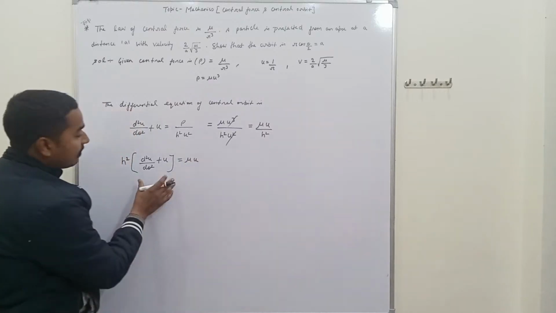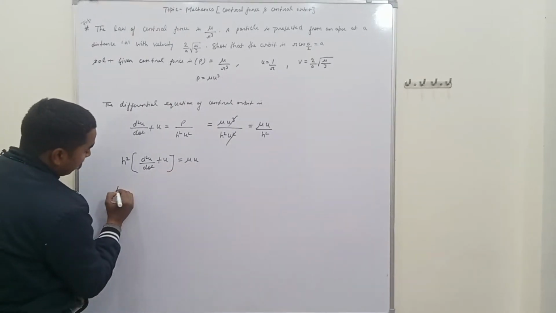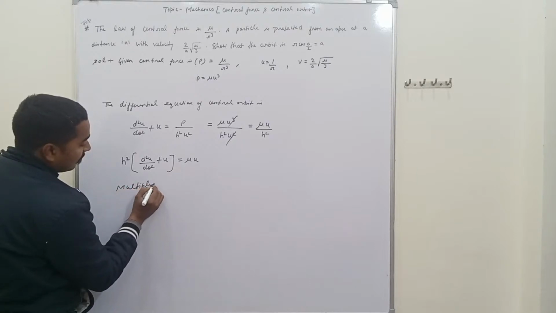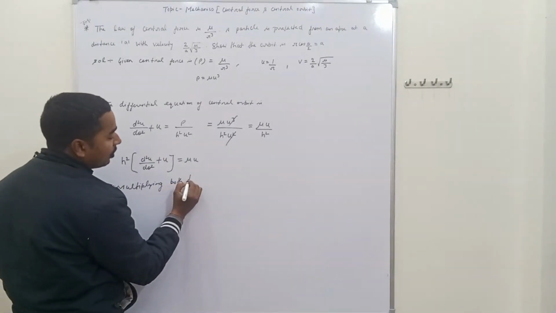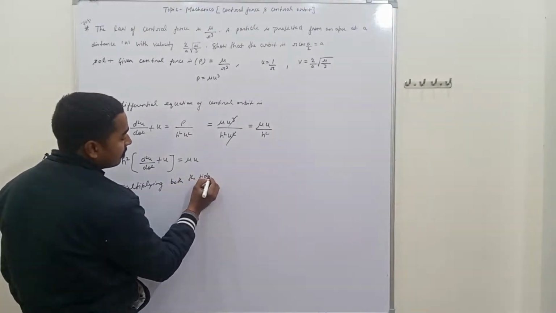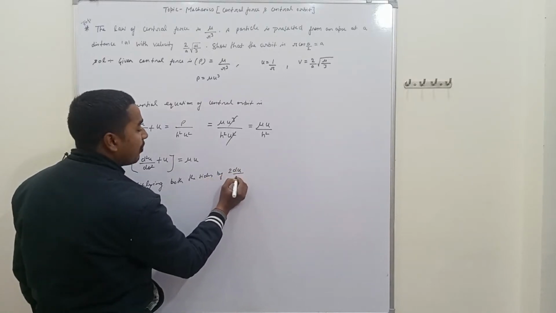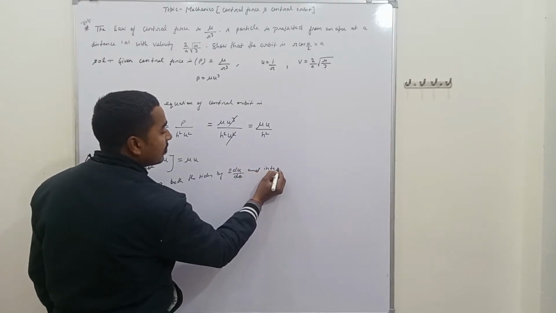Further, we multiply both sides of the given differential equation by 2 du upon d theta and integrate.